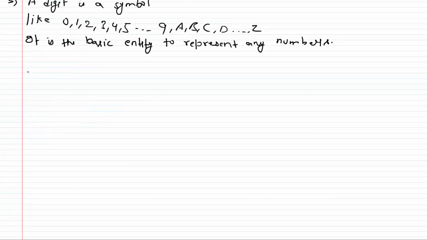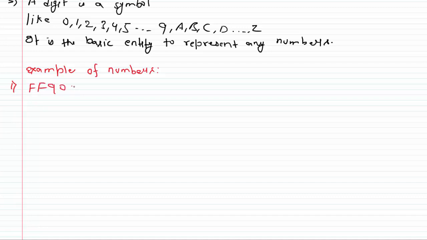Let's see some example of numbers. So the first number is FF90. It's a hexadecimal number and the number system that we use to represent this number is known as hexadecimal number system.